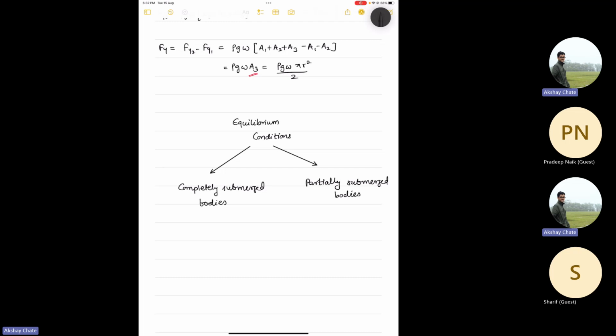So actually, Archimedes principle, you can write it here only.